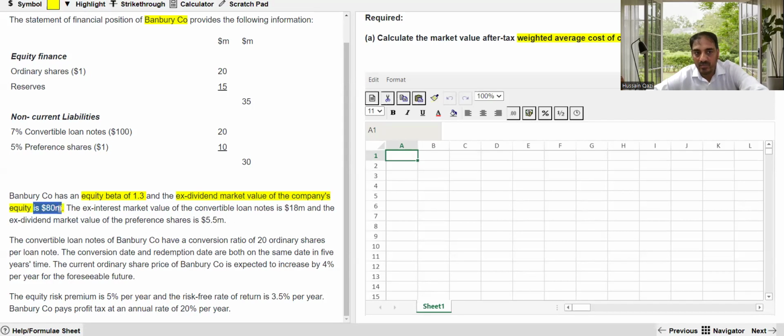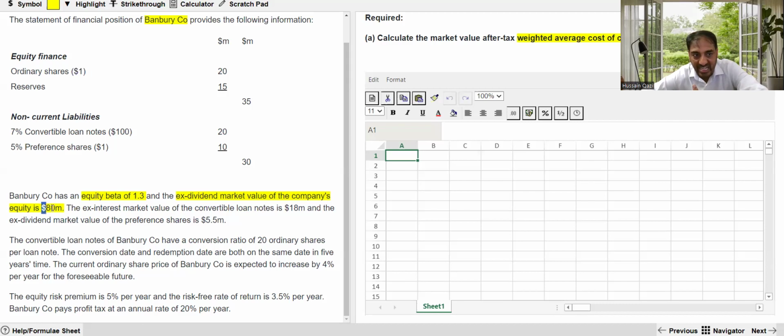It's equity 80 million. So if we are involved with the question, somewhere we need to identify the number of shares. A very important point is the par value of shares. Normally the par value is $1, but sometimes the examiner mentions 0.5 as the par value.